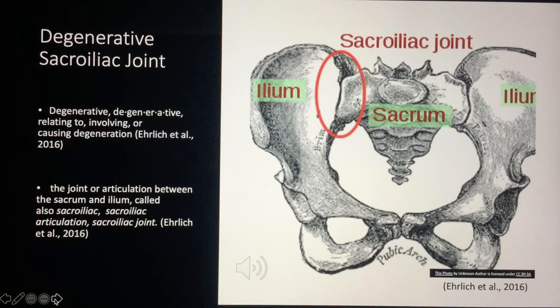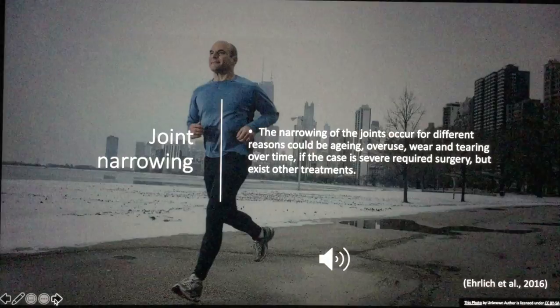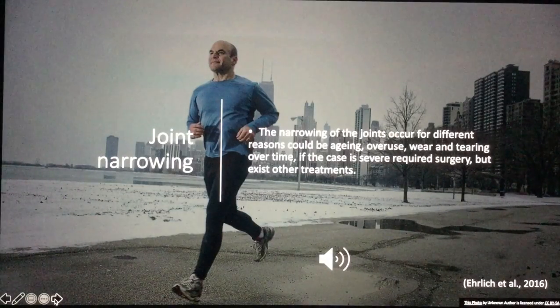Degenerative sacroiliac joints can occur for different reasons. It could be by traumatic injuries, infections, arthritis, even pregnancy. The narrowing of the joints can occur in different situations.